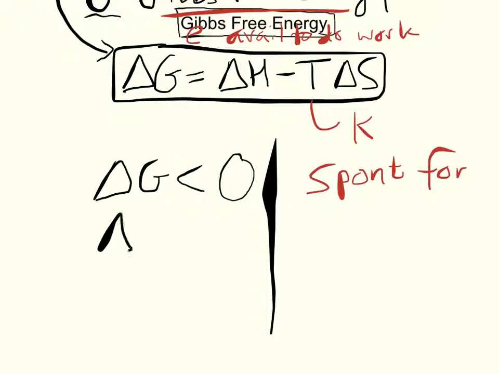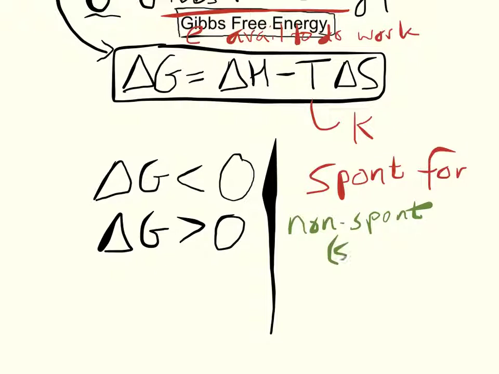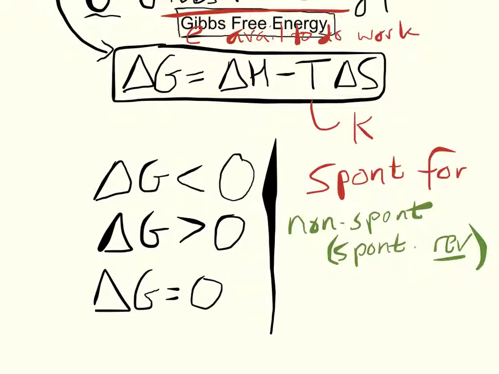If the change in Gibbs free energy is greater than 0, positive, it's non-spontaneous in the forward direction. Or another way of saying that is that it's spontaneous in the reverse direction. And last but not least, if the change in Gibbs free energy is 0, the reaction is at equilibrium.